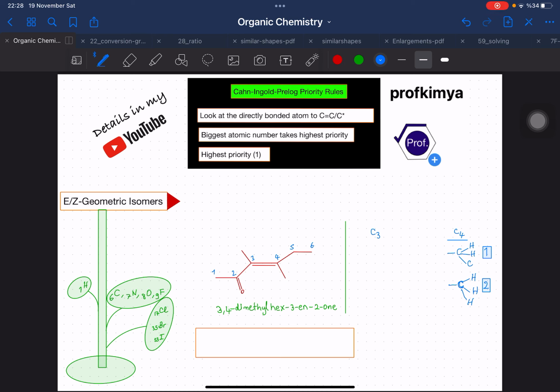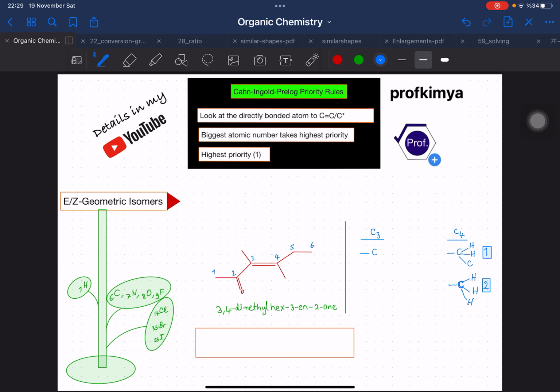Let's look at the C3 carbon. This is C3 carbon, has a methyl group and acetyl group. So C3 carbon is connected to this carbon atom in methyl, connected to this carbon atom in acetyl group.